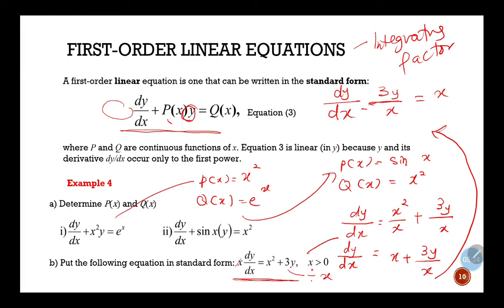What do you think is p(x) now for this equation? p(x) is whatever function of x that is multiplied with y, which is, don't forget, minus 3 over x. And q(x) is x. I hope you get that.